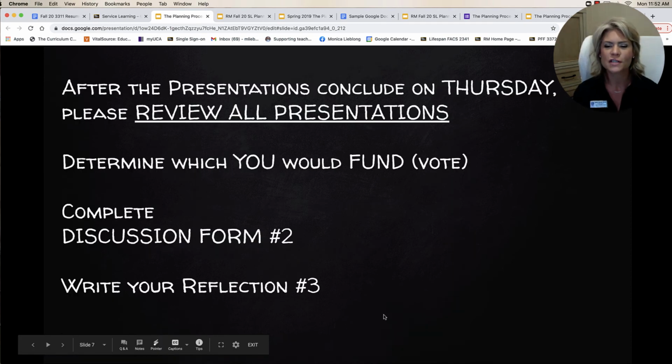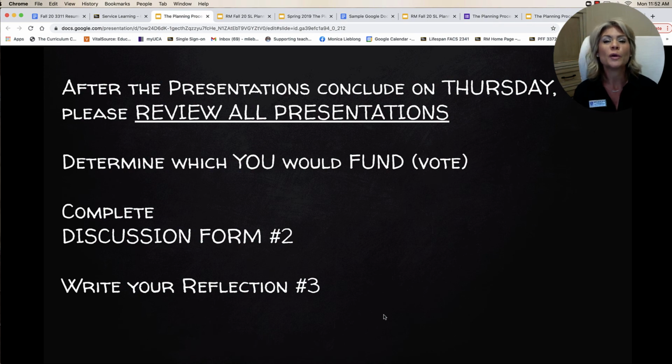After the presentations conclude on Thursday, review all the presentations and determine which one you would fund. That means you vote for one. Complete discussion form 2. Then you can write your final service learning reflection, which is the 2-page narrative reflection 3. That will wrap up service learning, resource management, and the planning process group project.